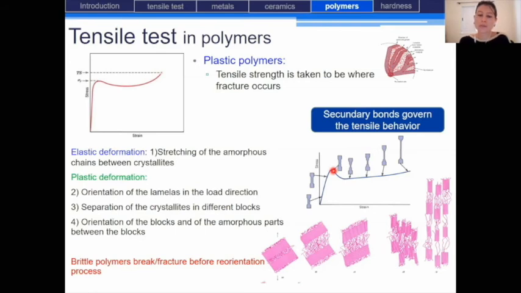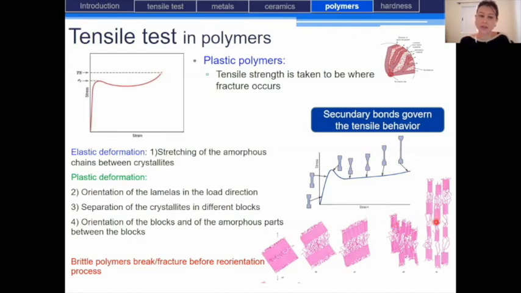After that, we have orientation of the lamellae in the load direction. In this pink representation, the load is applied vertically, so the lamellae orient in the load direction. After that, we have separation of the crystallites into different blocks, so we have the breaking of these crystals.